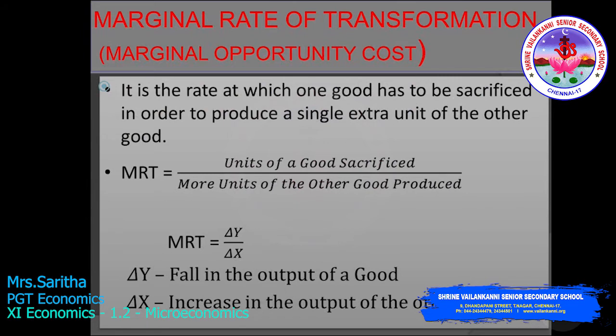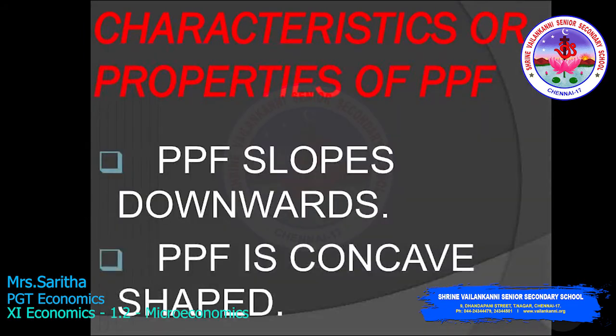Characteristics or properties of PPF. PPF slopes downward. PPF is concave shaped. The first point, PPF slopes downwards. PPF shows all the possible combinations of the two goods which can be produced with available resources and technology. Last class we discussed what a PPF is.